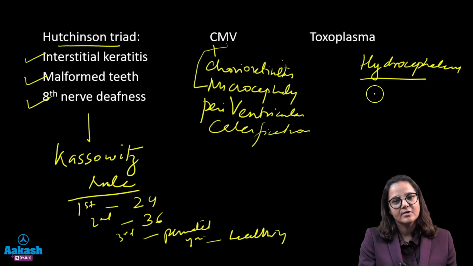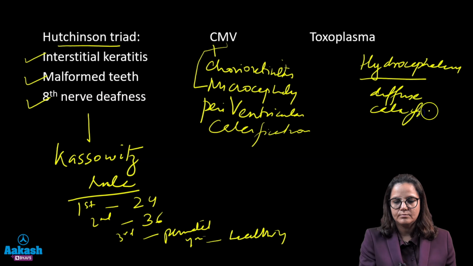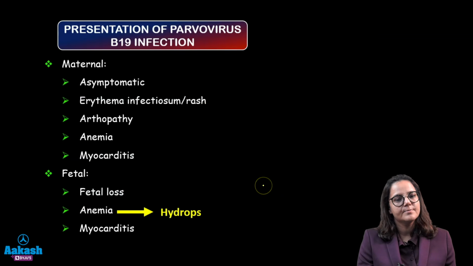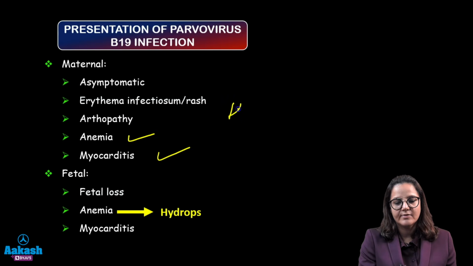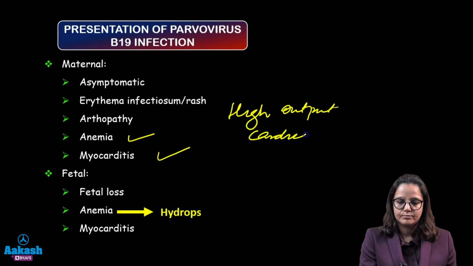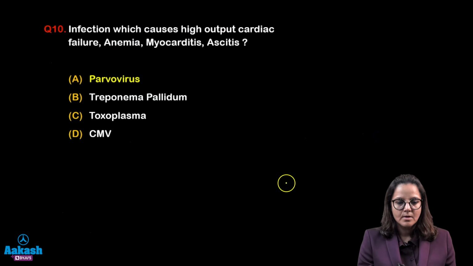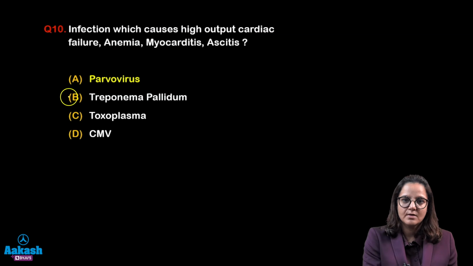And instead of periventricular calcification, there is diffuse calcification. And now what is the presentation with parvovirus infection? With parvovirus infection, there is anemia, there is myocarditis, and it is very pathognomonic if they mention high output cardiac failure. Okay, so coming back to the question, what is the answer? Parvovirus. It is not treponema pallidum, not toxoplasma or CMV.